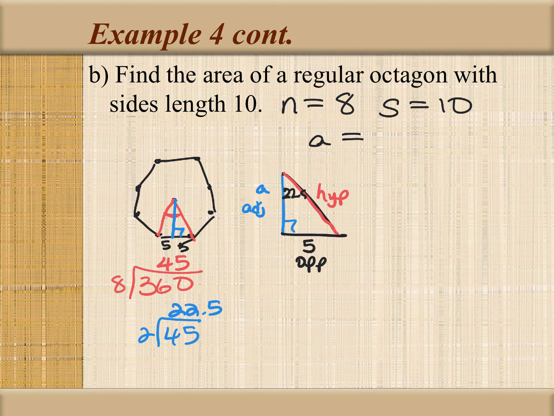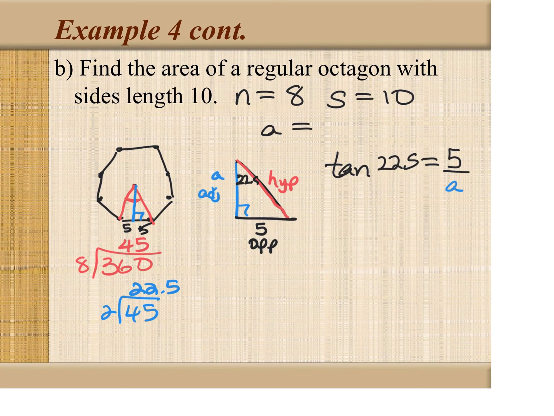So I'm going to go ahead and fill in. They gave me the 5. So I want adjacent and opposite. That's TOA. So I'm going to be doing tangent. So the tangent of 22.5 is equal to opposite over adjacent.